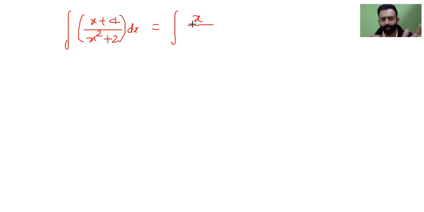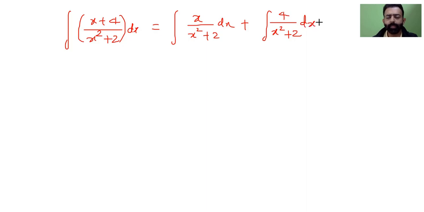So you can write this into two integrals: one is x over x square plus 2 dx plus 4 over x square plus 2 dx. Okay, x plus 4 over x square plus 2 can be separated, right?